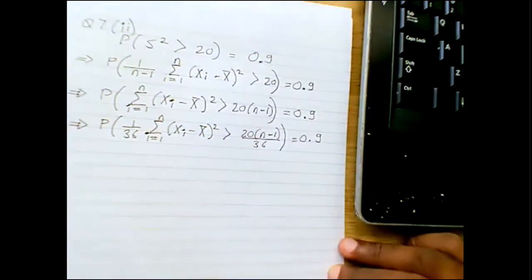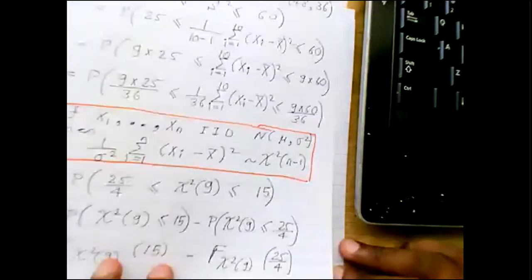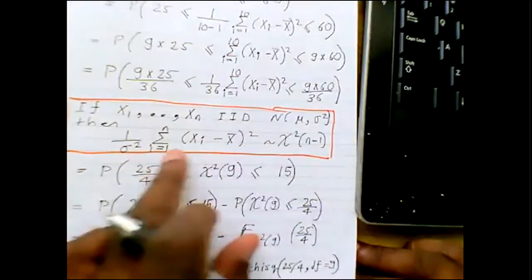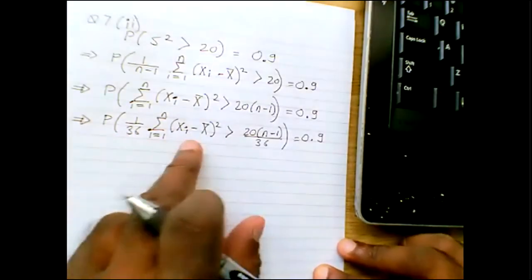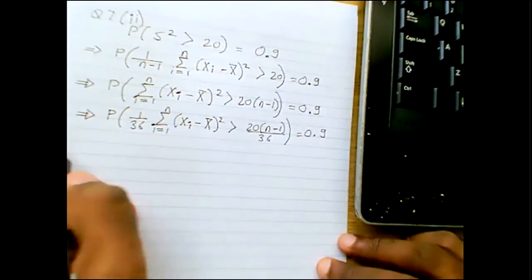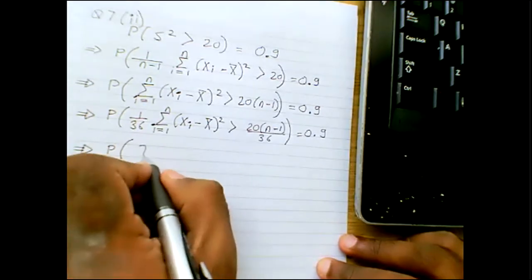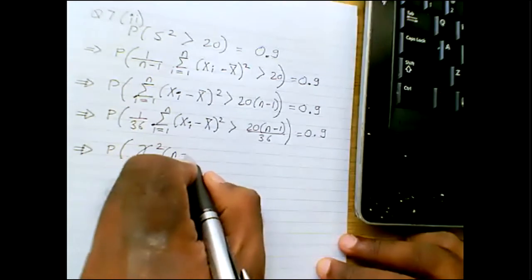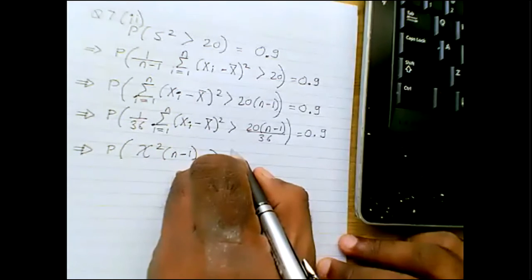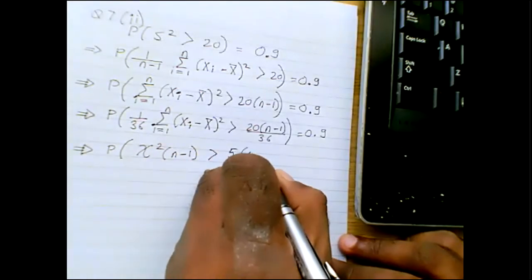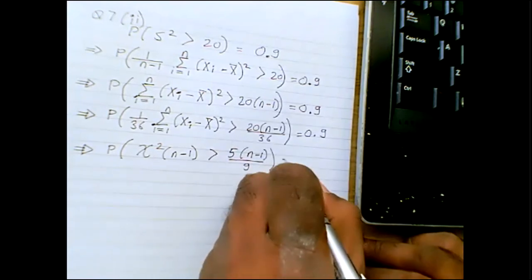Right. Okay, now using this result that I mentioned a minute ago, we can say that the left-hand side here has a chi-square distribution with n minus 1 degrees of freedom, right? And the right-hand side can be simplified to this.